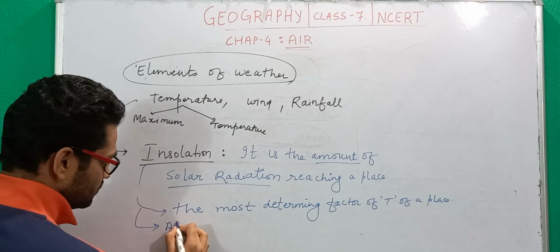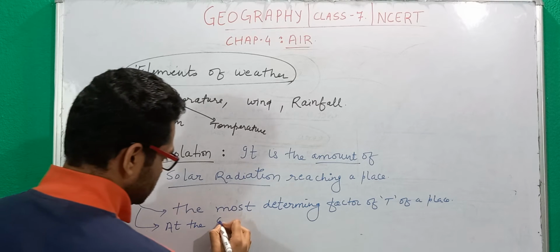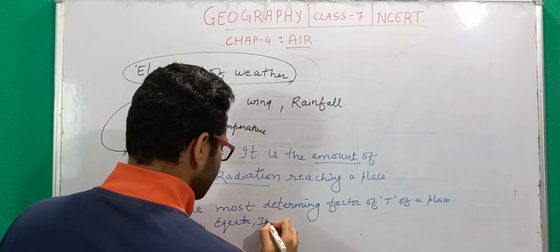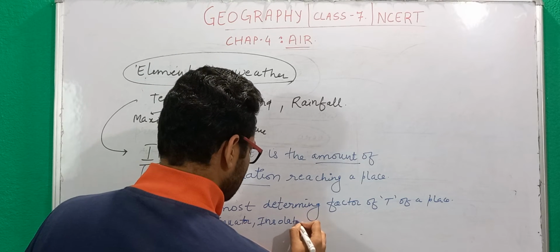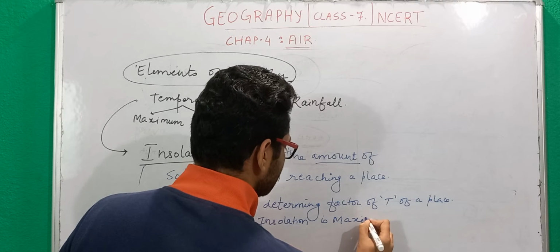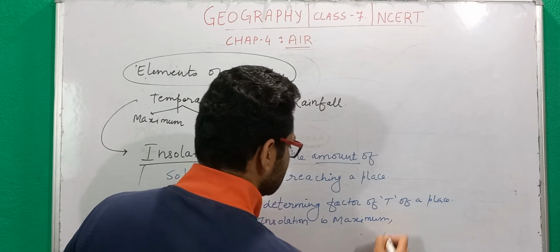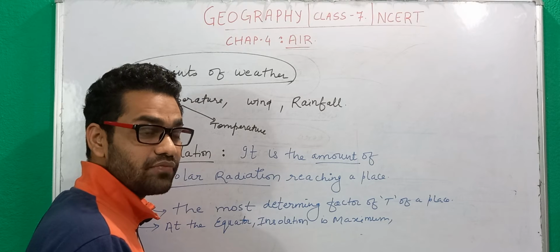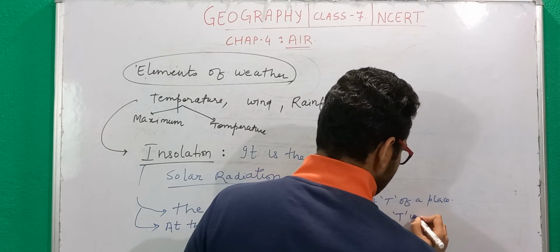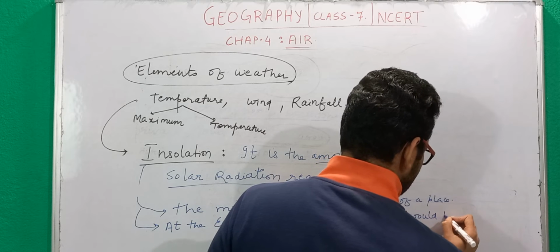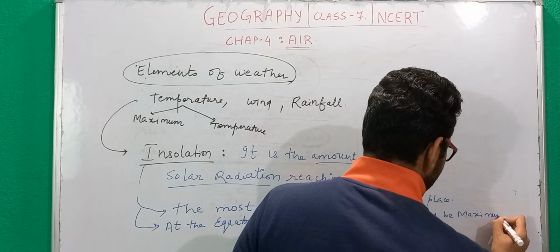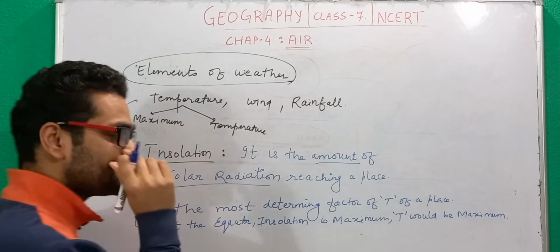At the equator, insolation is maximum. So what happens when you have maximum insolation? Temperature would be maximum. Right?